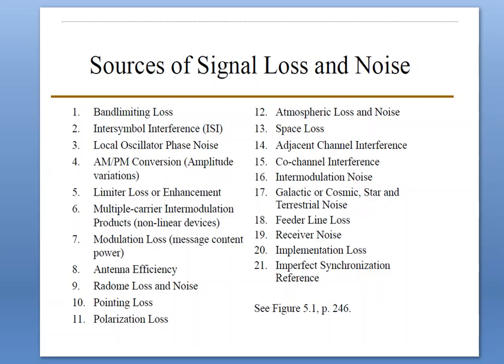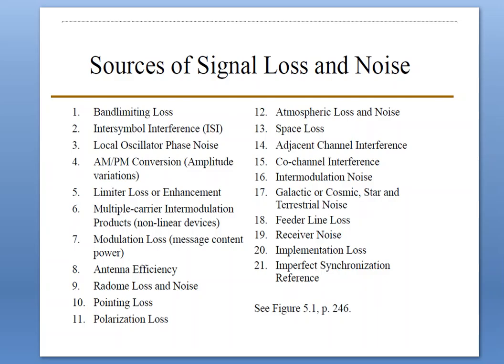And coming to the next one, antenna efficiency. Antennas are transducers that convert electronic signals into electromagnetic fields and vice versa: electronic signals into electromagnetic fields on the transmitter side, electromagnetic signals into electrical signals on the receiver side.